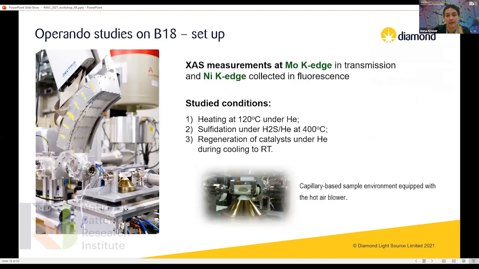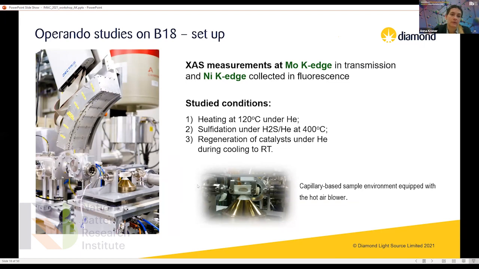So we performed the experiment on the beamline. This is the same beamline as the work carried out on the multi-phase system. Here we have the quartz capillary, where the powder is loaded. The catalyst is in the form of a powder. We have the gases delivered into the capillary. The temperature is controlled by the hot air blower.